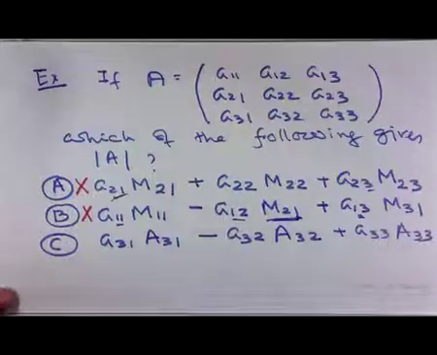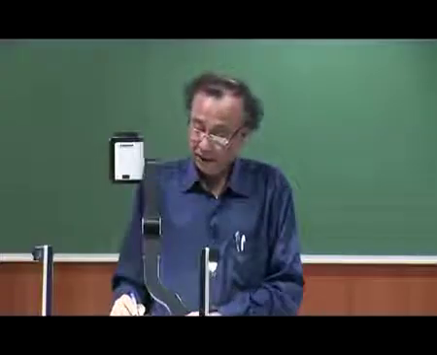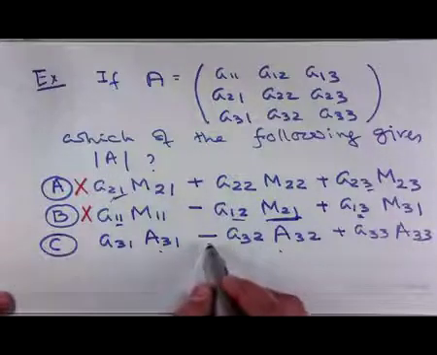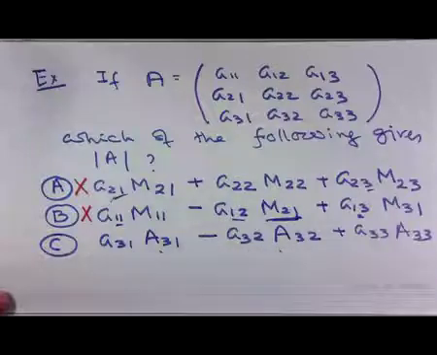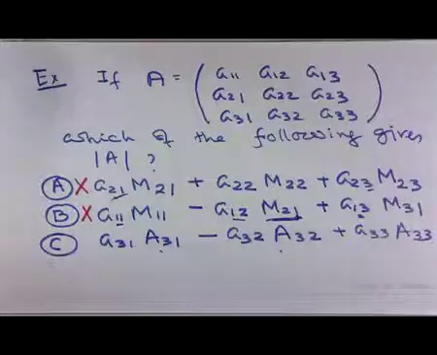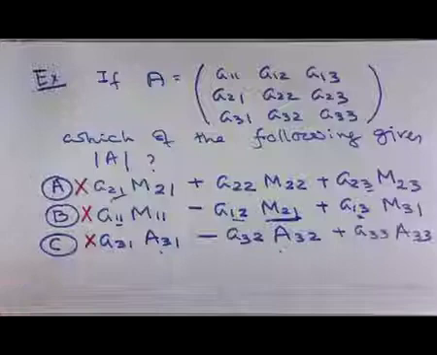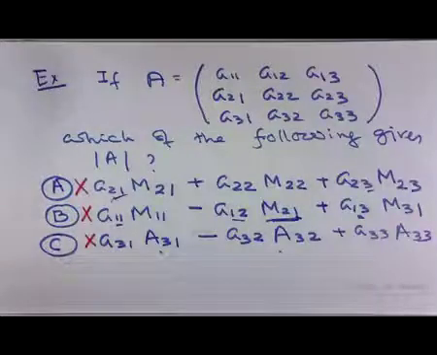Here instead of minors, we are using cofactors. Therefore, the minus sign is already taken care of inside the cofactor. Therefore, this minus is wrong. Therefore, this also does not give us the correct value of the determinant.